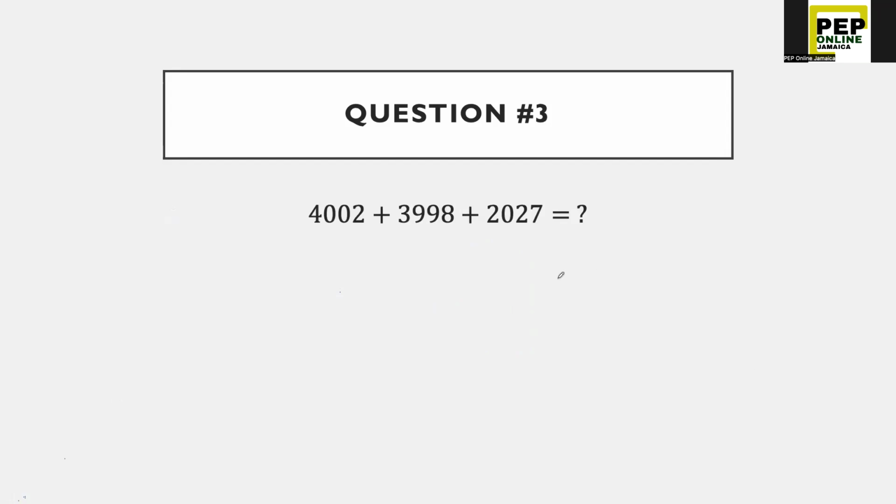Question number 3. Let's go. Try it on your own. Check your answers. That's how we learn, right? So we have 4,002. Everything is in the thousands here, so everyone's supposed to be lining up with each other. 3, 9, 9, 8.